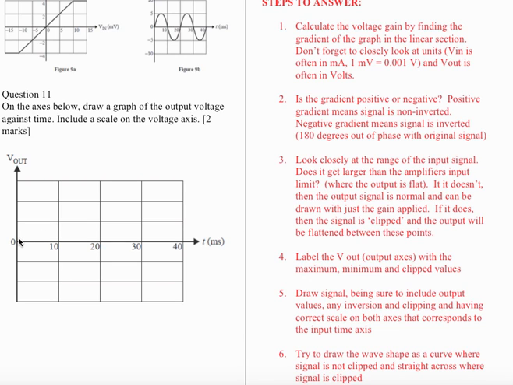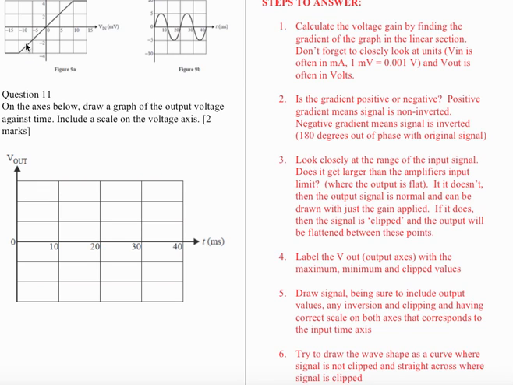It will be a full signal, so you can draw it as a full output signal in phase with the input signal here. So all you need to do to answer this question is to look at the input voltage and then apply the gain. So look at your peak input voltage here, multiply it by the gain or the amplification to get your peak output voltage here.